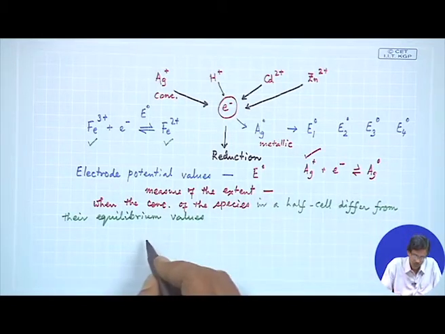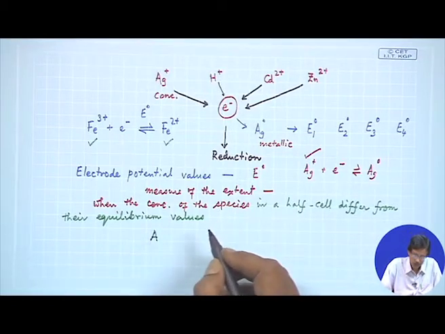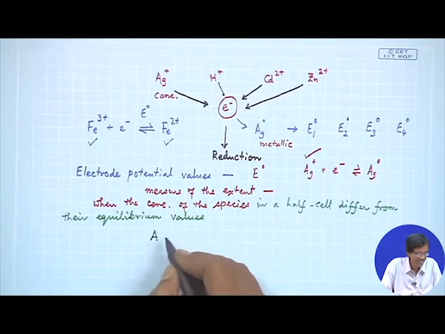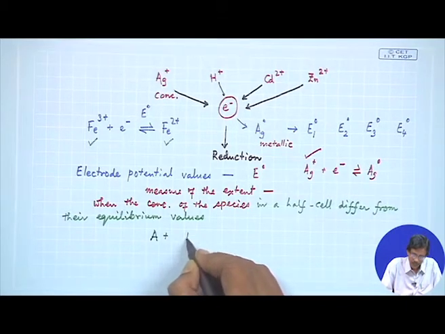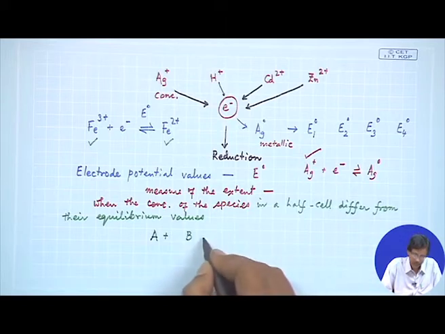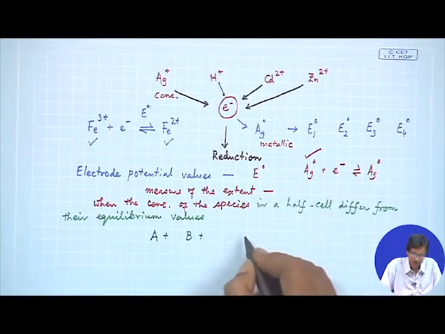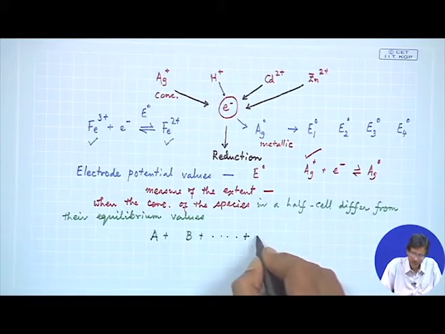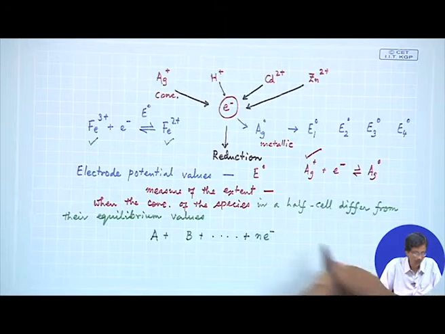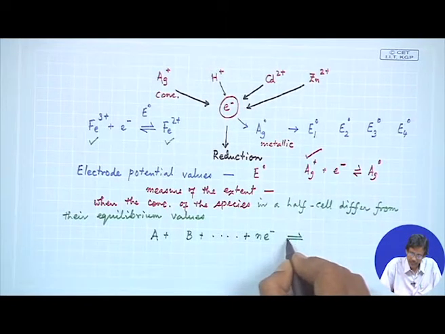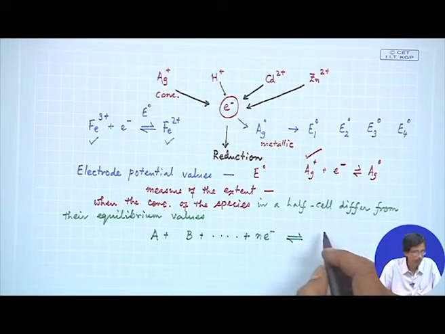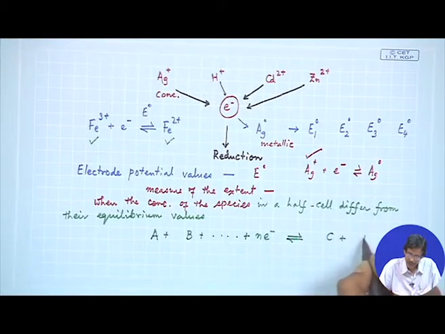So, now you will see that if some molecule, ion or metallic species A, as well as some amount of B, and some more, is there in the solution, it reacts with n number of electrons and ultimately the reaction will reach the equilibrium condition, producing C and D in the reaction.